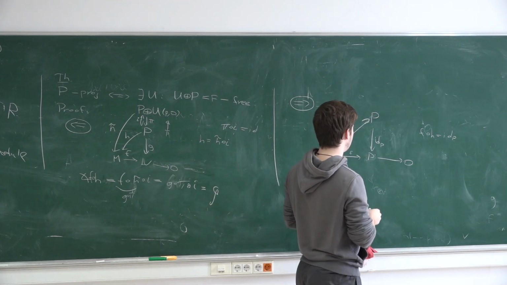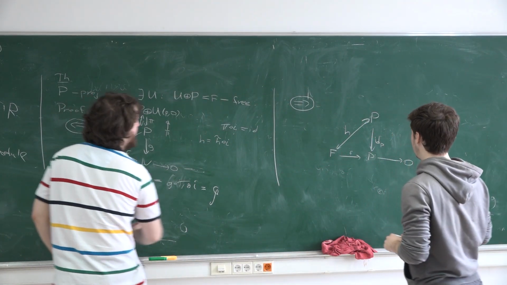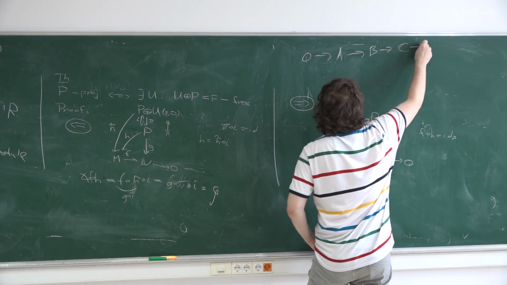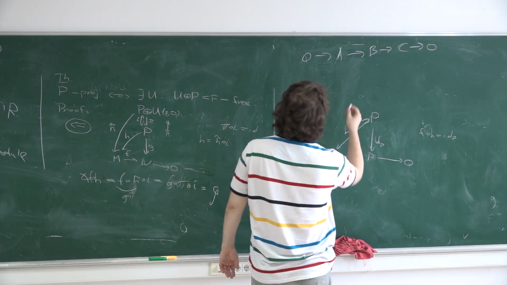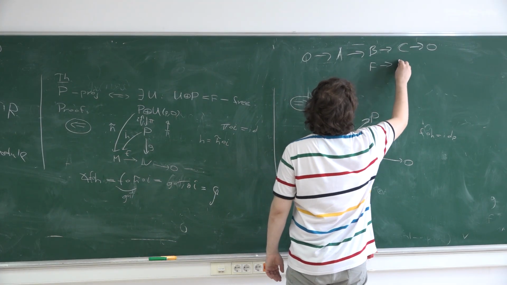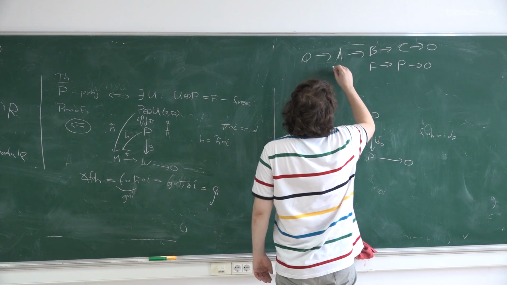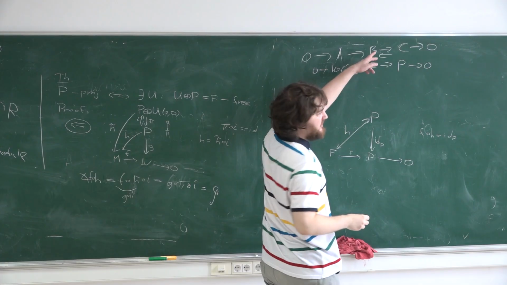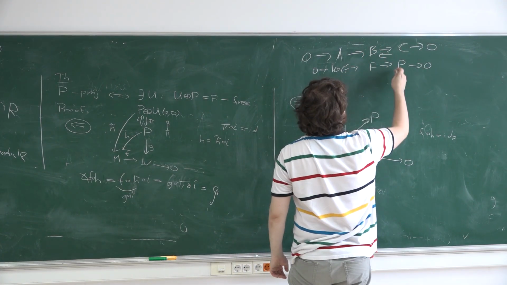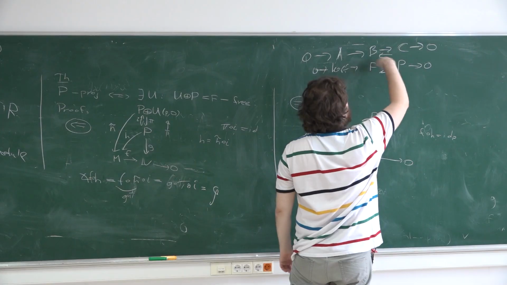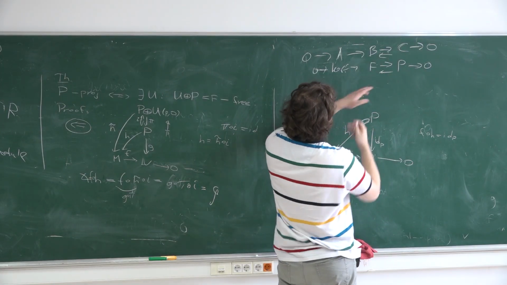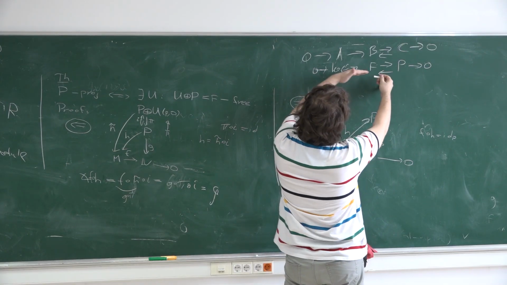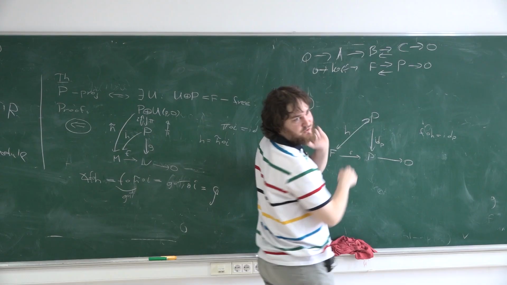Let me formulate this as a general fact. If we have some exact sequence, here is F, P, a surjection, and some kernel, which always exists. And if we have a section of this surjection, a homomorphism such that the composition is identity, then this section is the inclusion of a direct summand, and the kernel is the inclusion of a direct summand, and F is the direct sum of these two summands.